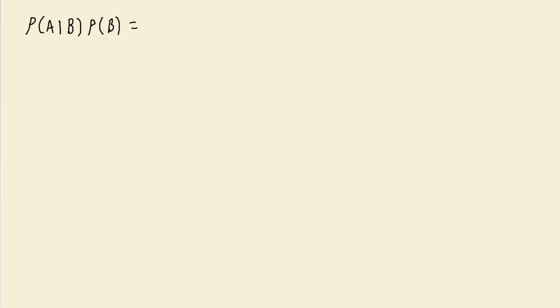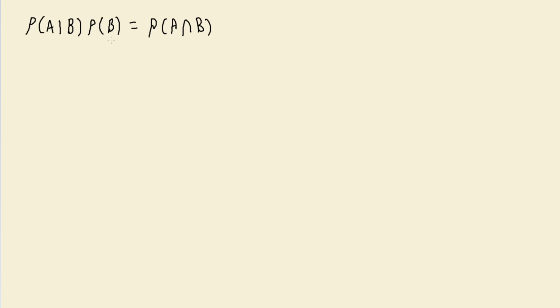Well, that's going to give me the probability of B and the probability of A given B occurring. This is just going to be the probability of A and B. Probability of A given B multiplied by the probability of B is the probability of both events occurring, and that's just going to be the probability of A and B.